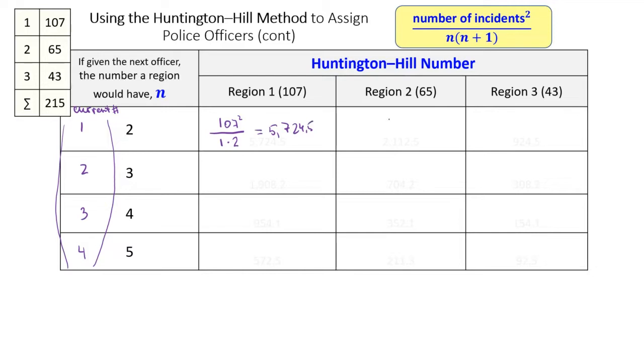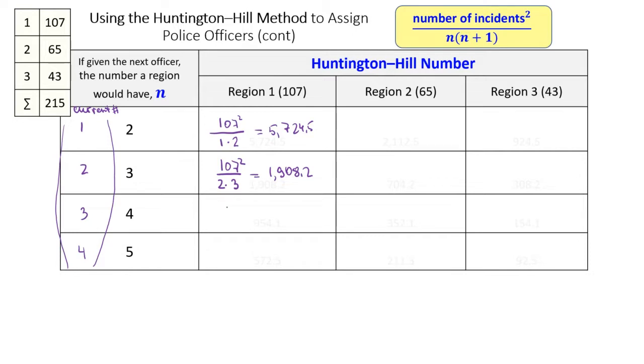5,724.5. In the next line, the numerator is the same. In every column, we have the same numerator, 107 squared, divided by current number of officers, future number of officers, 1,908.2.